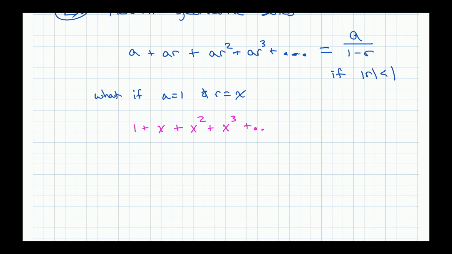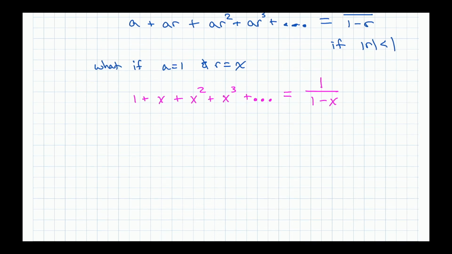So we have this series. Well, what's that going to be equal to? It's going to be equal to a, which is 1, over 1 minus r, which is 1 minus x. And that's going to be true if the absolute value of x is less than 1.